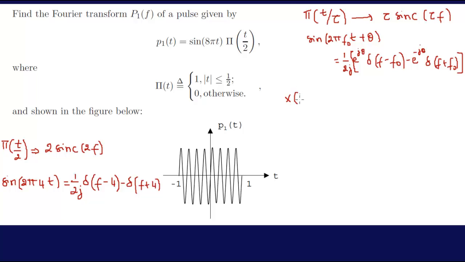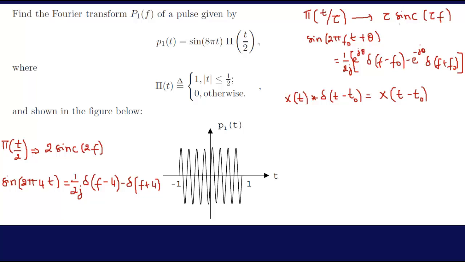So x of t convoluted with a delta function with a shift t minus t0 is equal to x with a shift, t minus t0. So this is my delta function, and this is my x function right here.